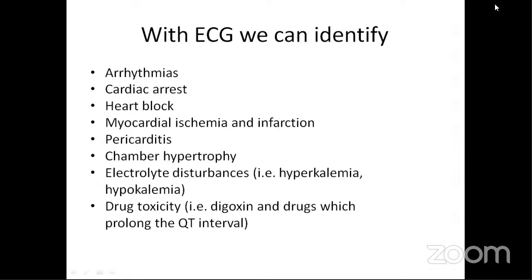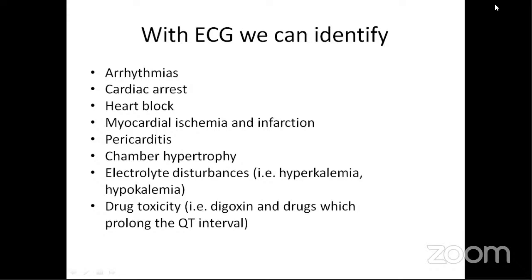What can be identified with ECG? Arrhythmias, cardiac arrest, heart block, myocardial ischemia and myocardial infarction, pericarditis, chamber hypertrophy, electrolyte disturbances such as hyperkalemia, and drug toxicity, due to which a prolonged QT interval may occur.